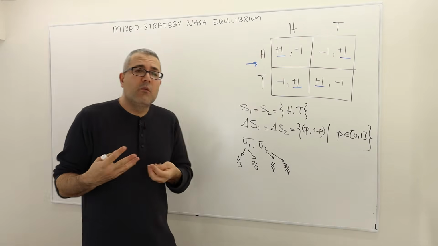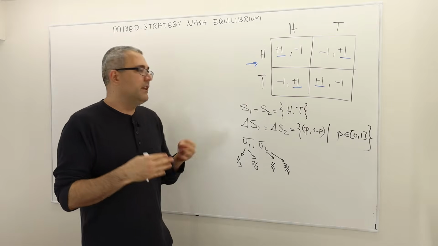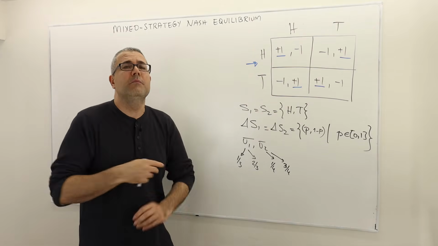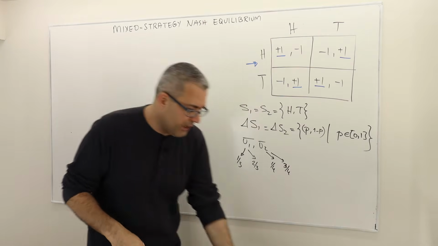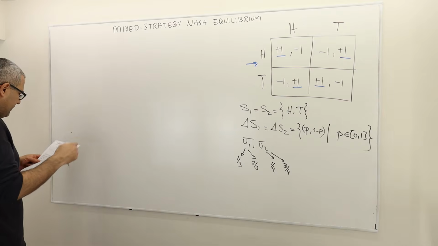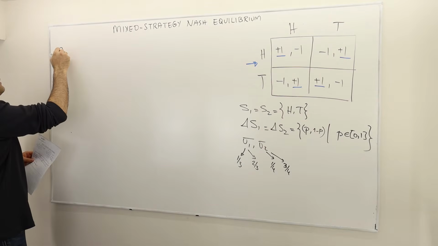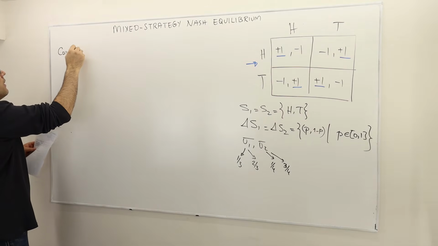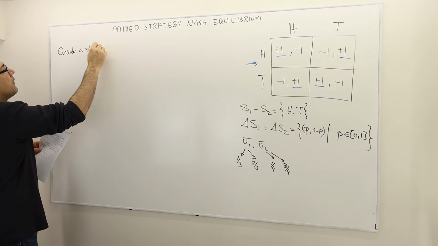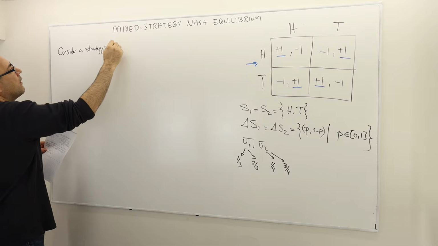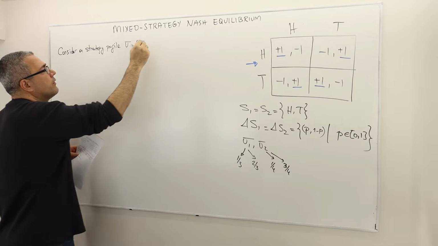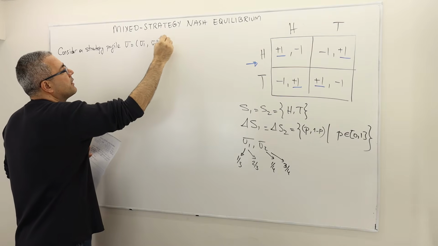What does that mean? Well, what does that mean in mixed strategies? We just extend the idea of Nash equilibrium to mixed strategies. How do we do that? Well, let's do it more formally. So here I'm going to give the definition. So consider a strategy profile sigma, and remember it's basically a vector of strategies, one for each player.